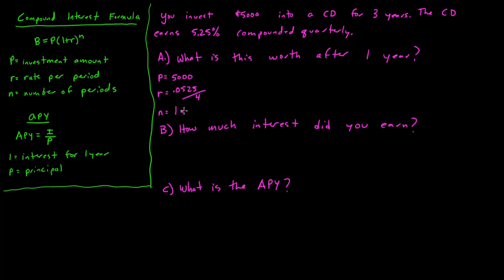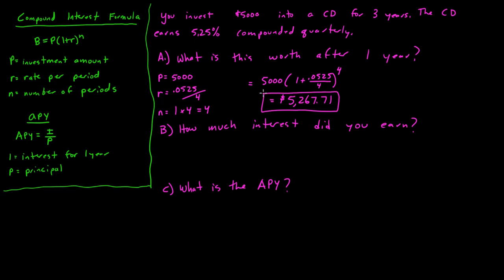It's 1 year, compounds 4 times per year, so it's 4. So it's 5,000, and then it's (1 + 0.0525/4)^4. When I multiply that out, I get what it'll be worth in a year, which is $5,267.71.